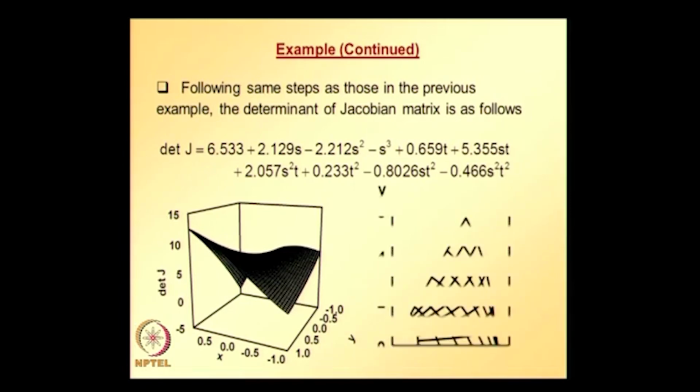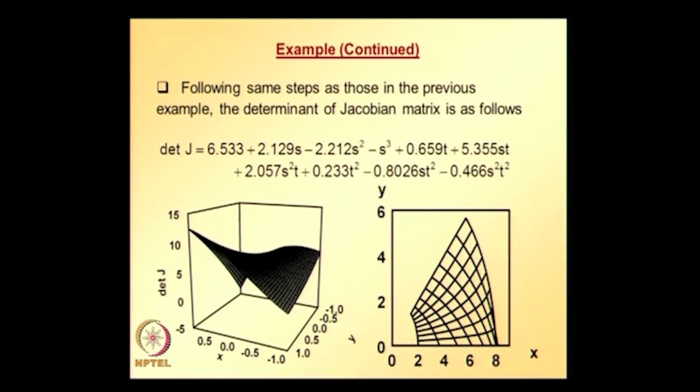The same can also be verified by plotting x y in terms of s and t. And if you see in the right hand side bottom corner, where x is almost equal to 8, you can see a fold there.